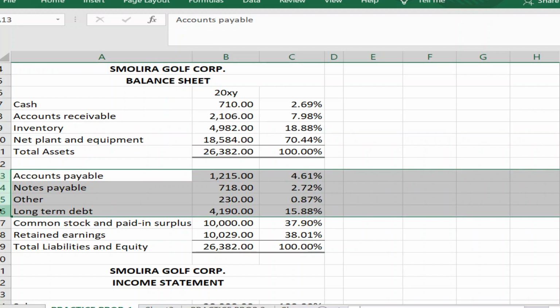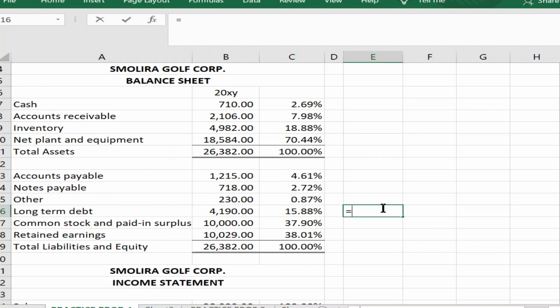If you sum it up, the total percentage of our liabilities would be, okay, let's sum up the ratios. So the total liability ratio would be 24.08%, while our total equity is 70+%.